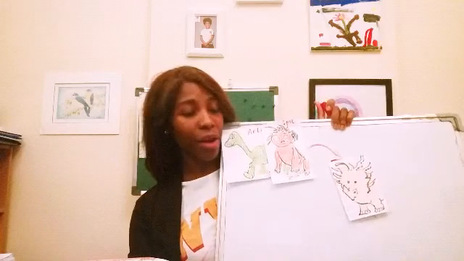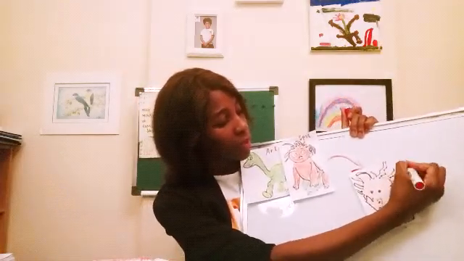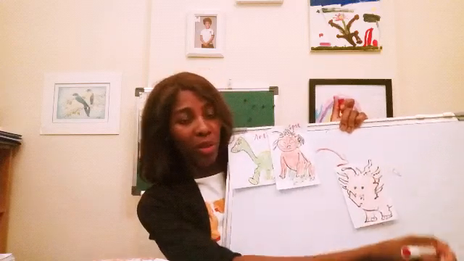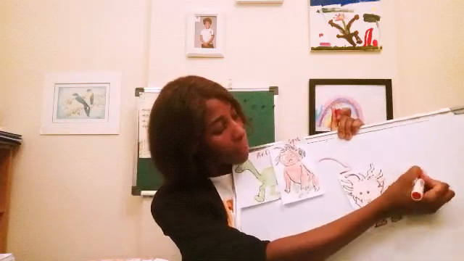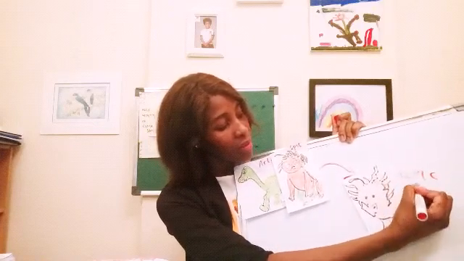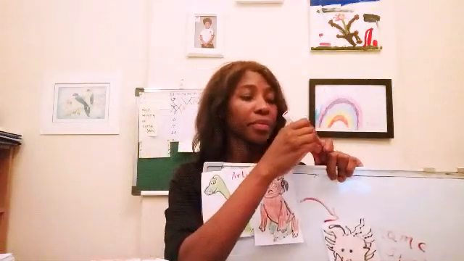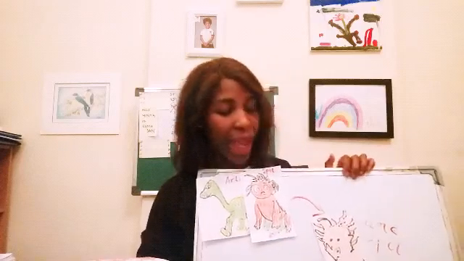So I'm going to indicate here. So there's my arrow, and then I can write here, name. Name Spot. This is where they name Spot.